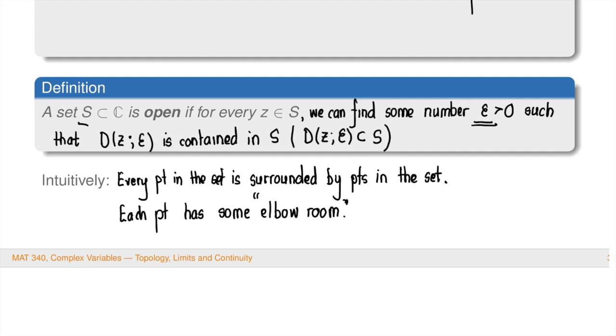Now that we have the definition, let's look at a few examples.